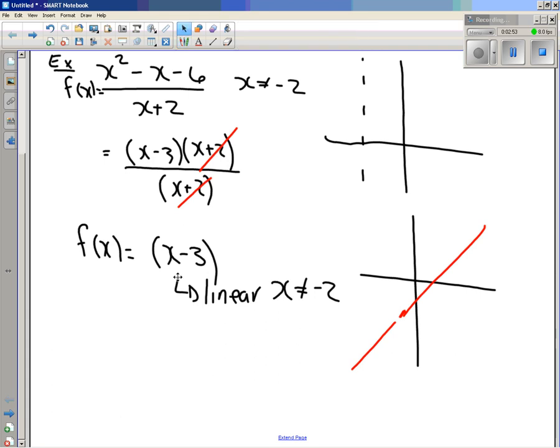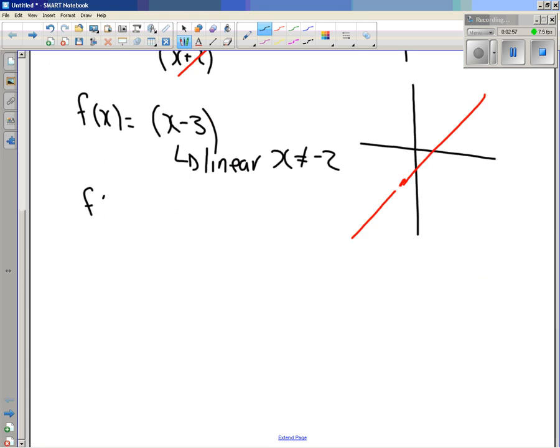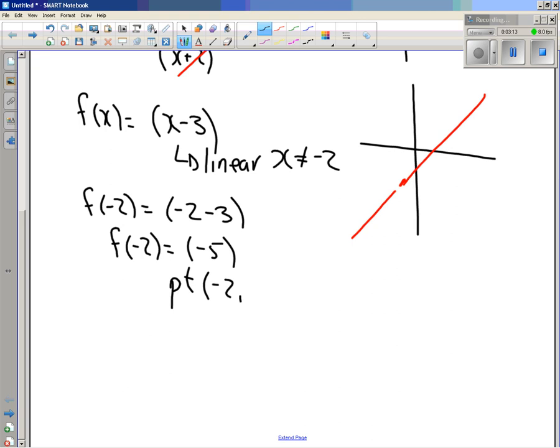So we plug in -2 and get -2 minus 3, into our simplified equation. We get -5. So that tells us for x minus 3, we have a point -2, -5.